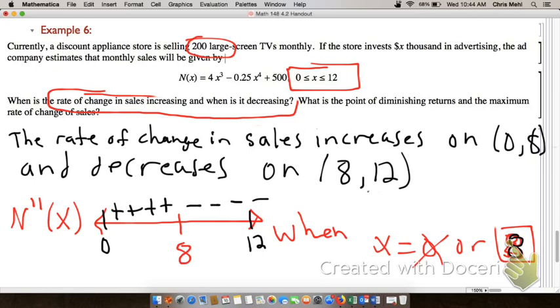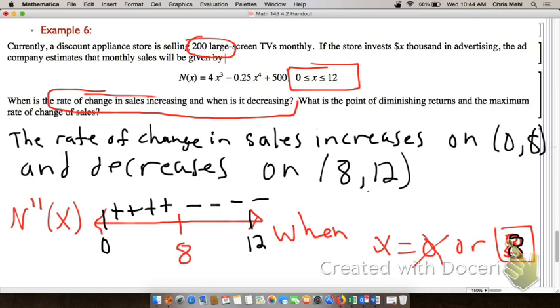Okay, so this means that if they spend between $0 and $8,000 on advertising, the rate of change in sales is going to increase. And if you spend between $8,000 and $12,000, the rate of change is going to decrease.